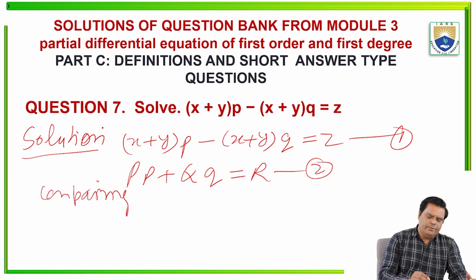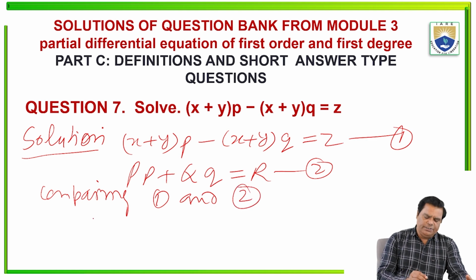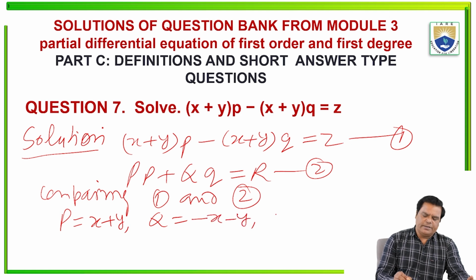Comparing 1 and 2, capital P is x plus y, capital Q is x minus y, and capital R is z.